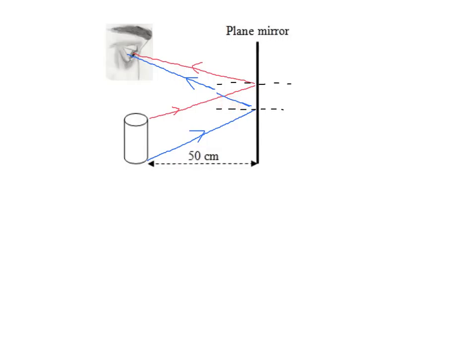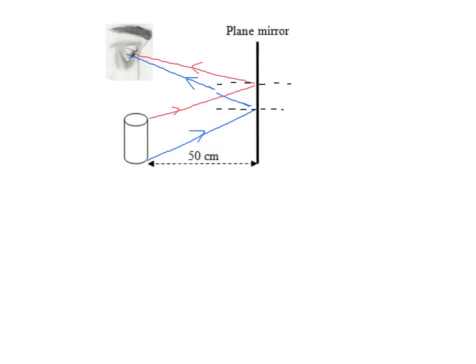So what is it that the person is actually observing? Well, according to the person, they have to pretend like the mirror is not here. They're seeing these rays as if they were just coming from over here somewhere. So I'm going to backtrace the reflected part of the rays on the other side of the mirror with a dotted line.